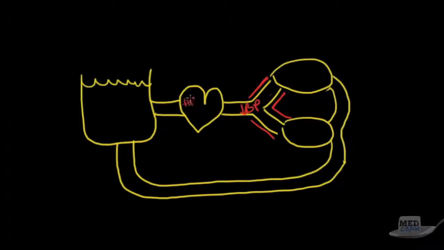When blood pressure goes down, the heart rate goes up, your cardiac output goes up. When that happens, your JVP goes down. Also, your systemic vascular resistance goes down. Your ejection fraction also goes down.